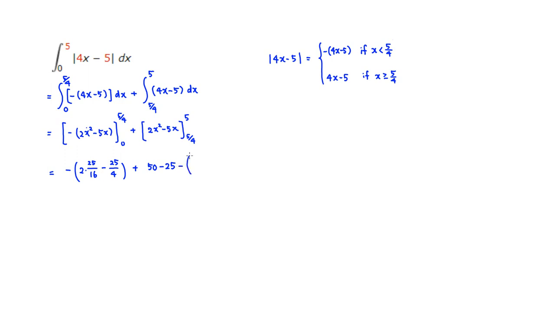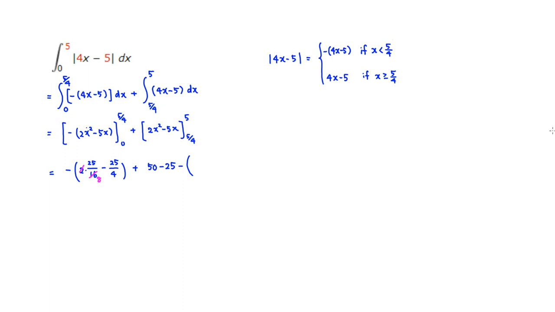Minus, if you plug in 5 over 4, it's actually exactly the same thing as that. So let's see, 2 and 16 cancel out. Maybe I'll do a cancellation here already. So 2 and the 16 cancel out, so it's going to be 8.